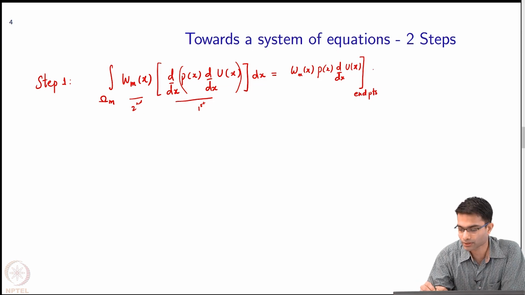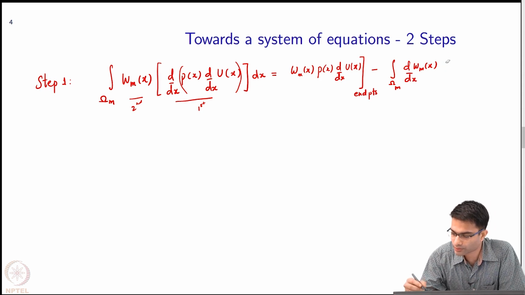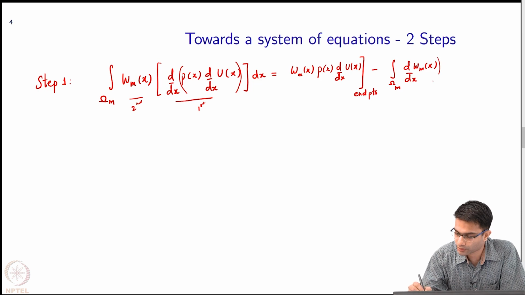And then what happens to the other term? So, minus, I have a derivative of the second function multiplied by, so I can just write it here, this is one term, and then I have p(x) into derivative of u(x) by dx.